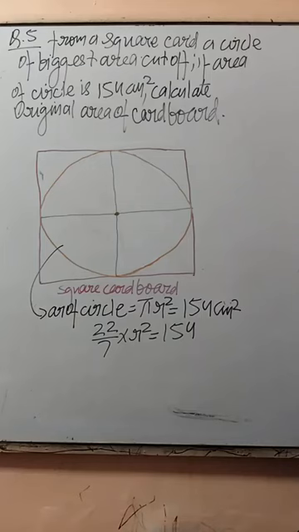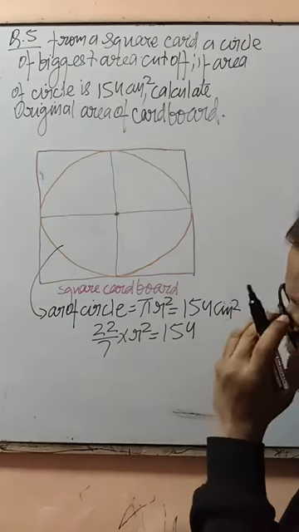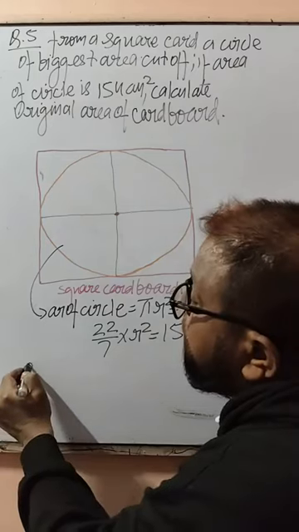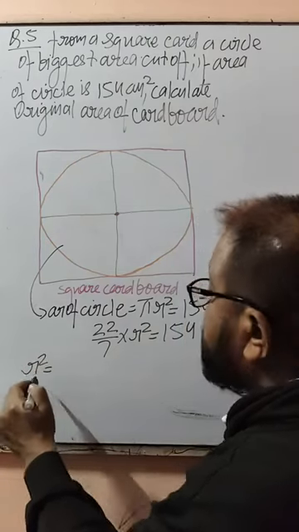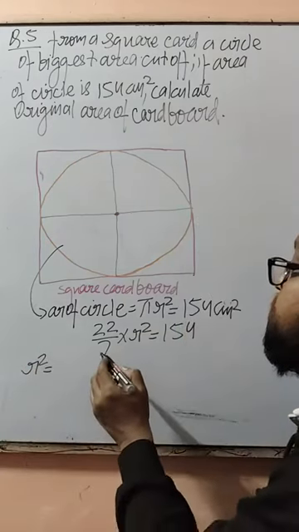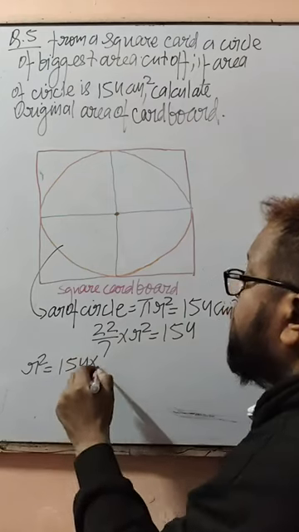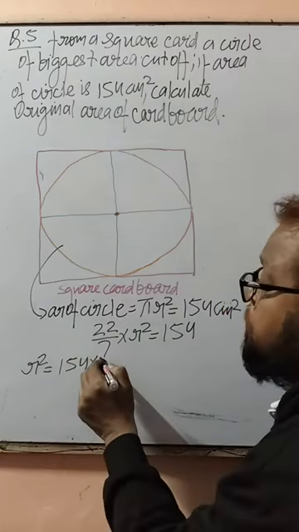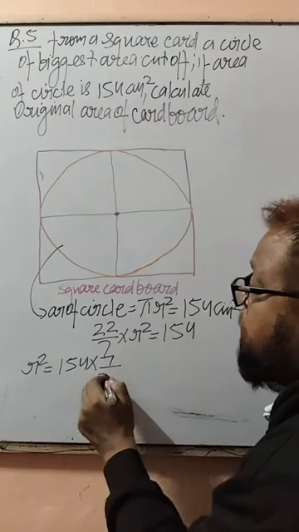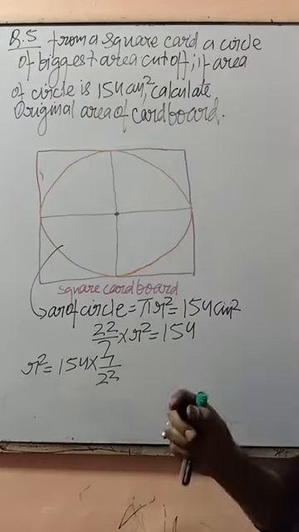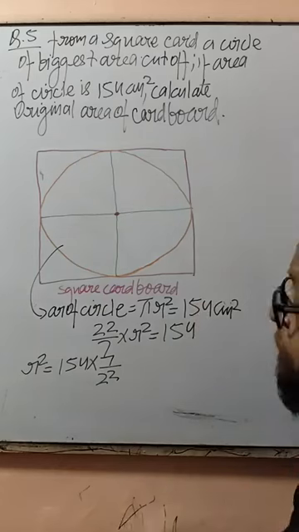Right? So r square is equal to 154 into 7 by 22. 7 times 22 becomes 154.